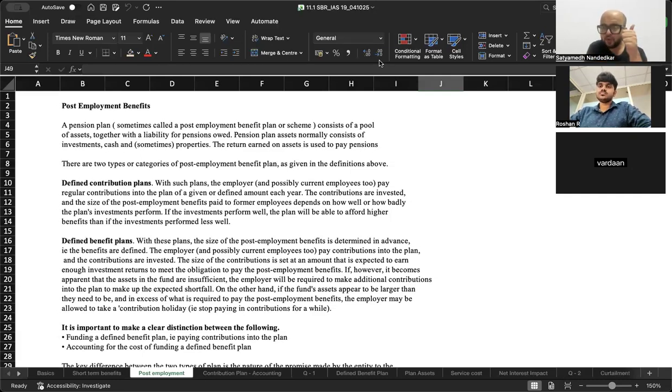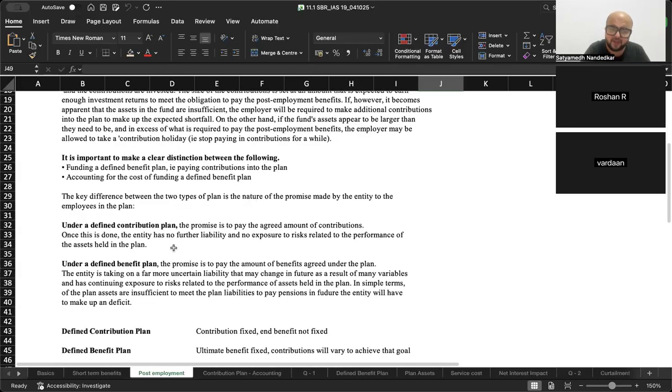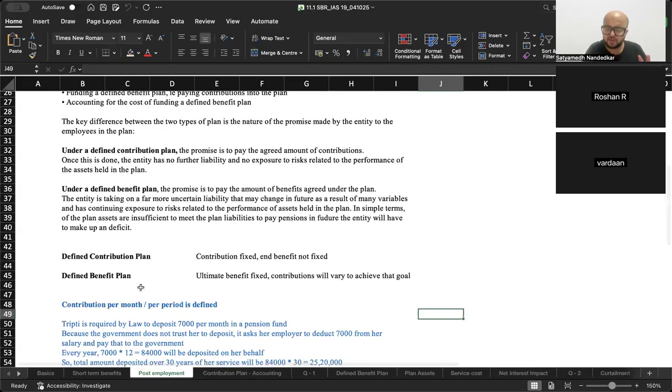So in a defined contribution plan, contribution is fixed, final benefit is not fixed. In a defined benefit plan, final benefit promised is fixed, but monthly or yearly contribution will vary depending upon the facts of that particular time. So this is the clear distinction.